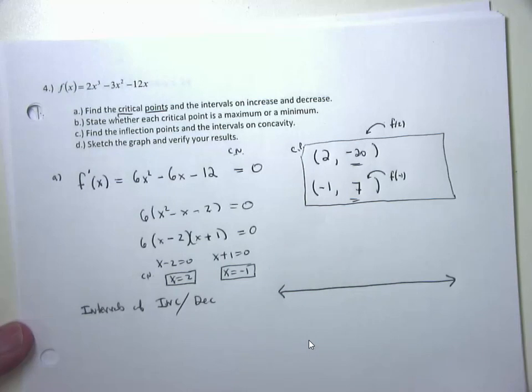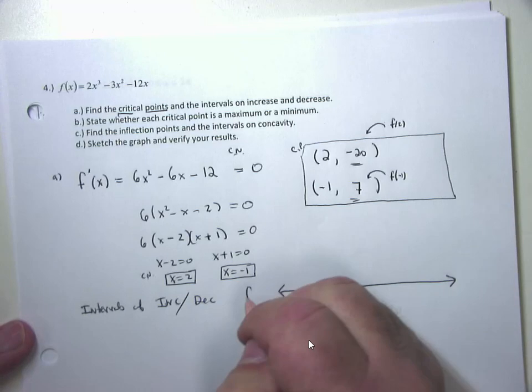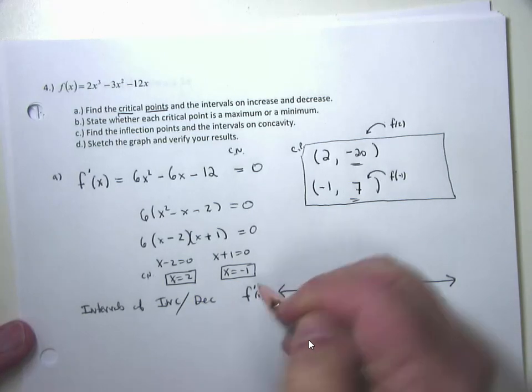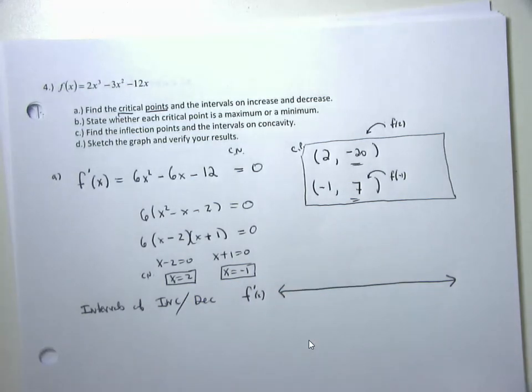I'm going to draw a number line. And intervals of increase and decrease is a first derivative number line. Just to let you guys know, when I talk about intervals of concavity, concavity is a second derivative number line. This is intervals of increase and decrease. This is a first derivative number line.